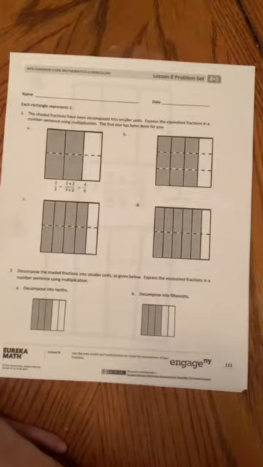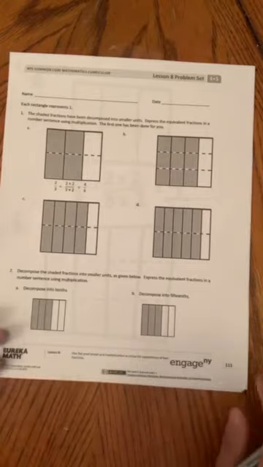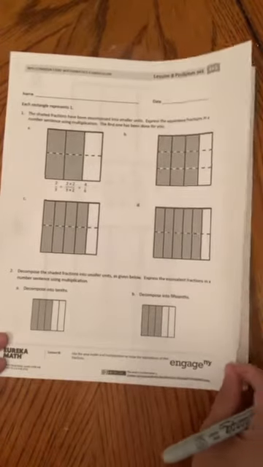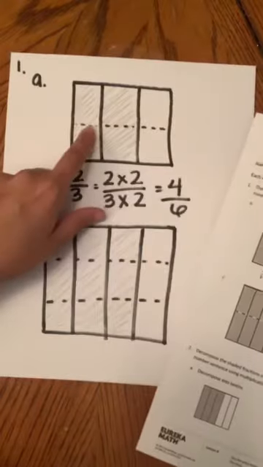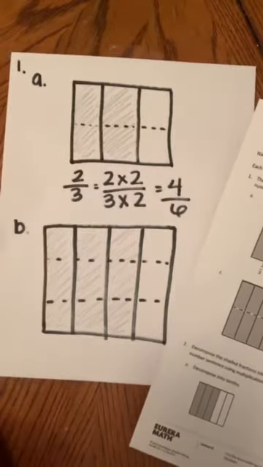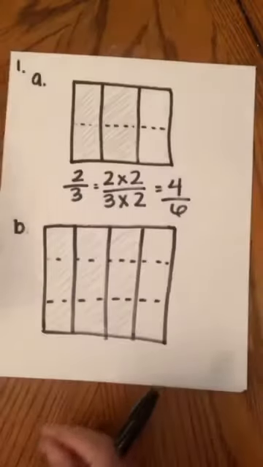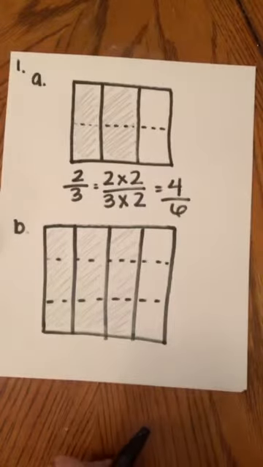Express the equivalent fraction in a number sentence using multiplication. The first one has been done for you. Awesome. So what I did is I'm going to do this same problem here, but I decided to write it here to make it a little bigger, to make it a little clearer for us. But it's the same thing that you have on your assignment.